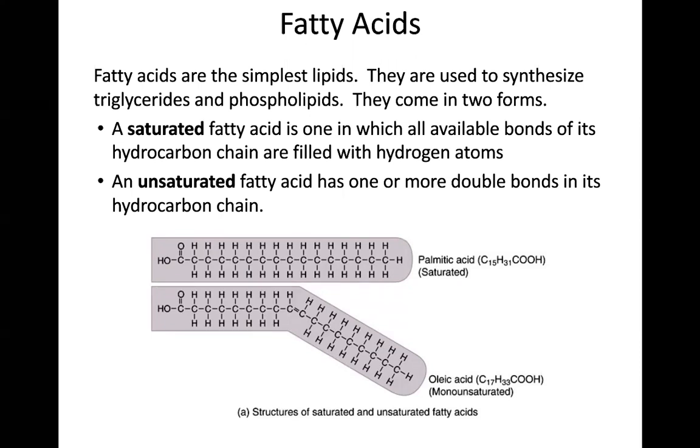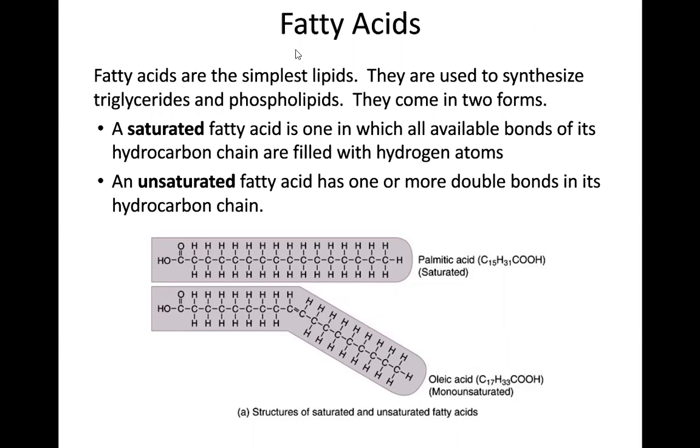Whereas oleic acid right below it, notice where the fatty acid bends, there's a double bond. It kinks, if you will, because of the presence of at least one double bond. And that makes it an unsaturated fatty acid. Now, if you have taken a nutrition class or you pay attention to what you eat, on food labels a lot of times you'll see saturated fats, unsaturated fats.